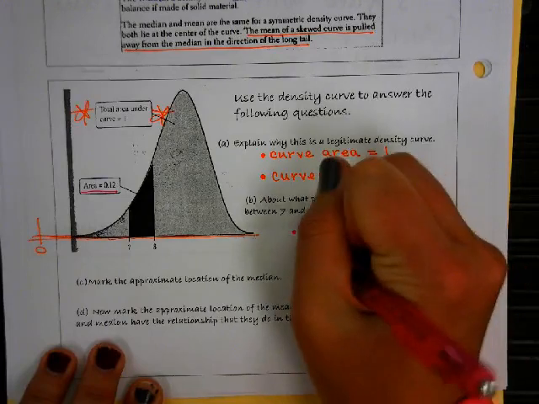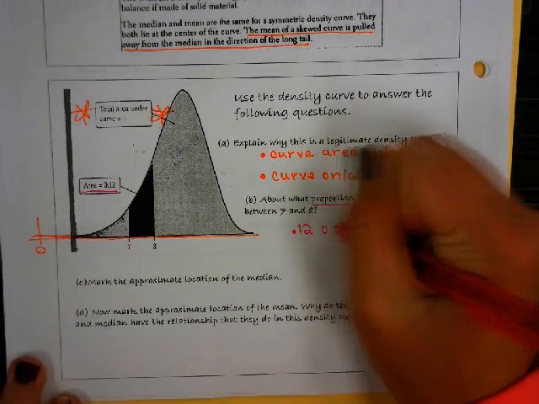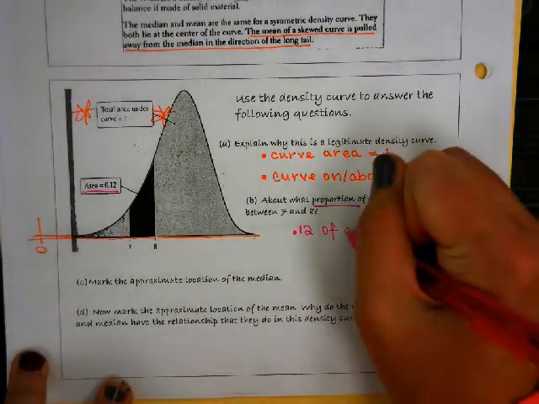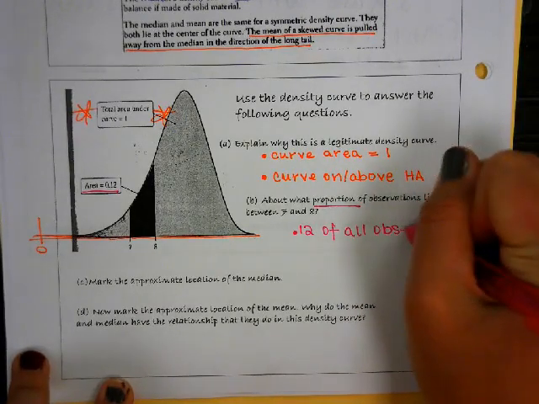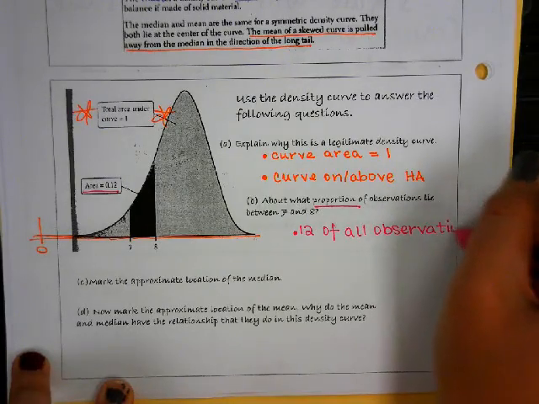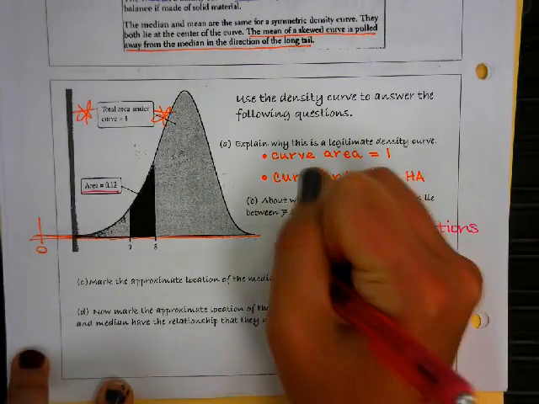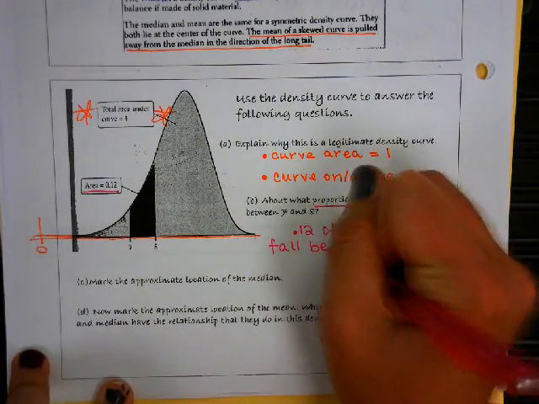And what that means is that 0.12 of all observations or data points for this density curve fall between 7 and 8. Now, they don't always use the word proportion.